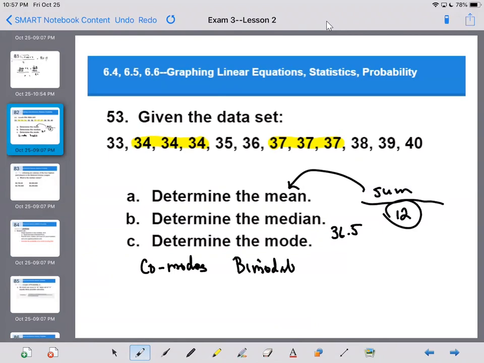And so in this case, the modes would be 34 and 37. The modes are just the numbers that show up most often.